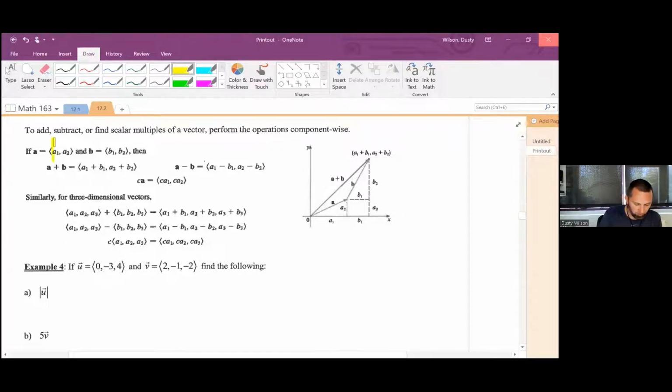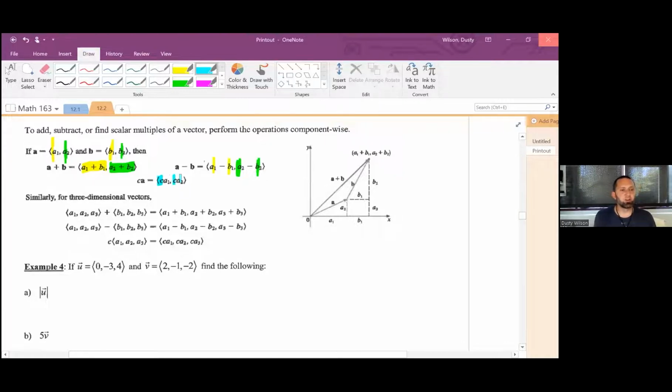So here's your X components that are being added. Here's your Y components that are being added. Or if you want to find the difference, once again, you would find the difference in the X components and the difference in the Y components. Or if you want to scale it up, you would just multiply the X component by the scalar C and the Y component by the scalar C.